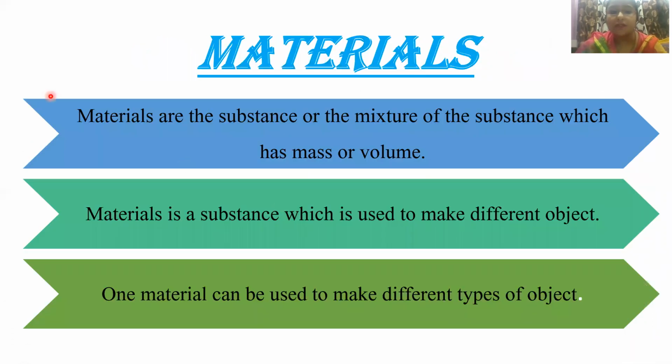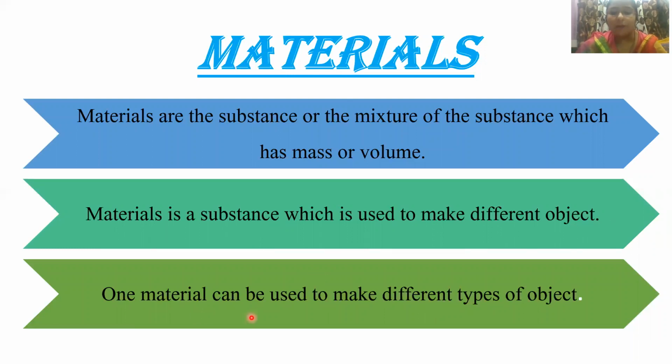Now, what are materials? Materials are the substance or the mixture of substances which has mass or volume. You can say any object or material which occupies space is known as a material. A material is a substance which is used to make different objects.